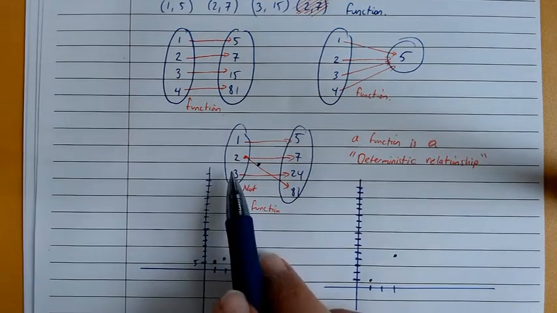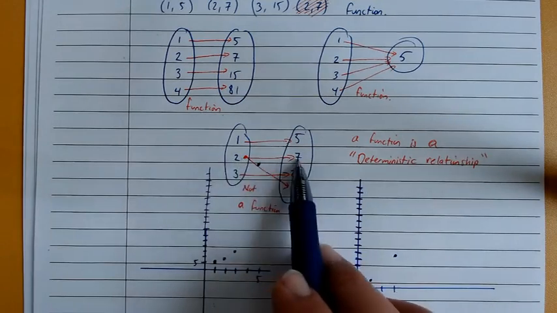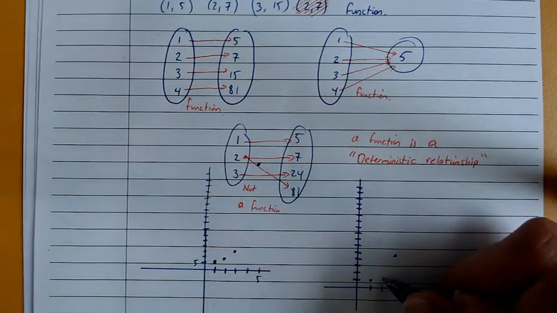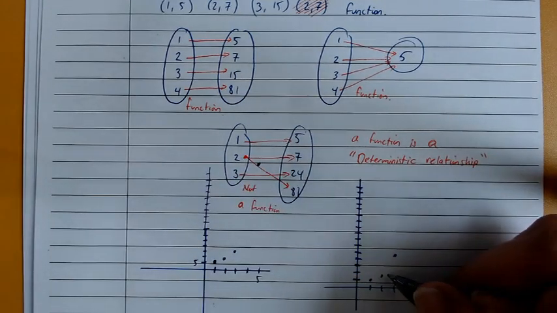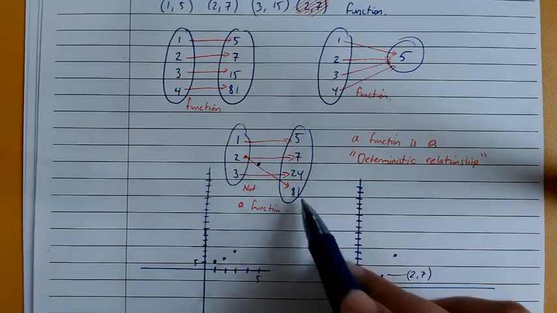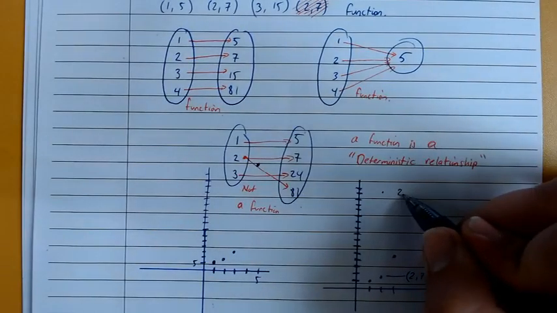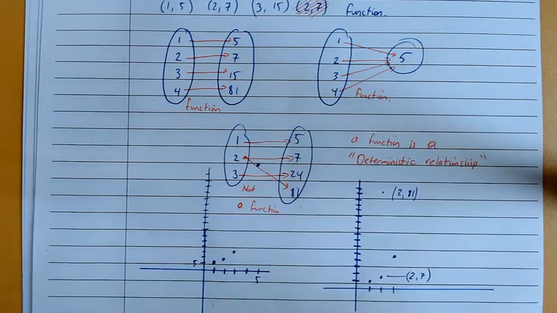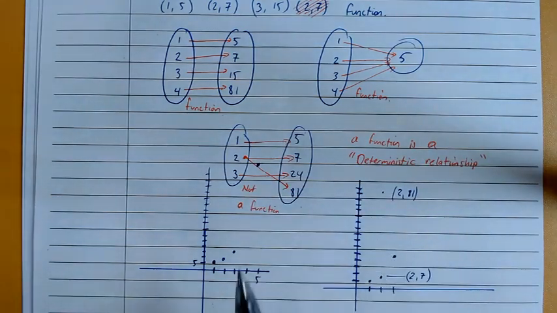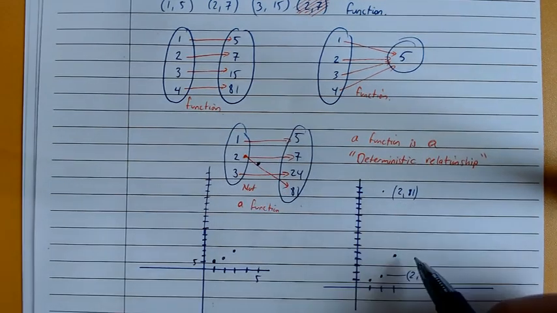But now notice, when x is equal to 2, you have two different y values. You have 2, 7 is one of your points. So let me label that one. That one's 2, 7. And you also have 2, 81 up here. Whenever you have something that's not a function, graphically, the way it's going to look is you're going to have 2 points that have the same x value.